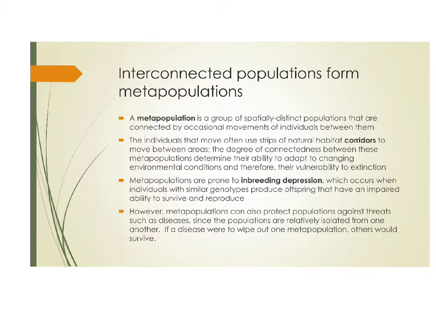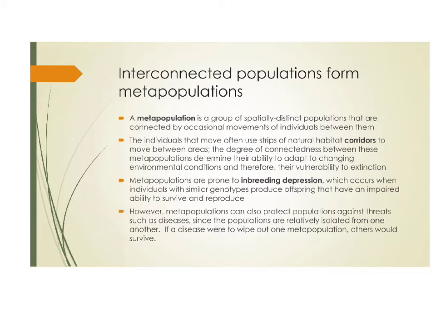When that happens, these individuals with similar genotypes begin to produce offspring that have an impaired ability to survive and reproduce. Inbreeding leads to the expression of generally negative recessive traits, and so we end up with individuals with odd, maladaptive or non-adaptive traits.